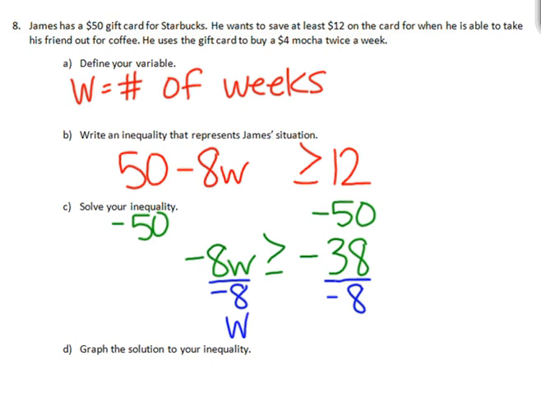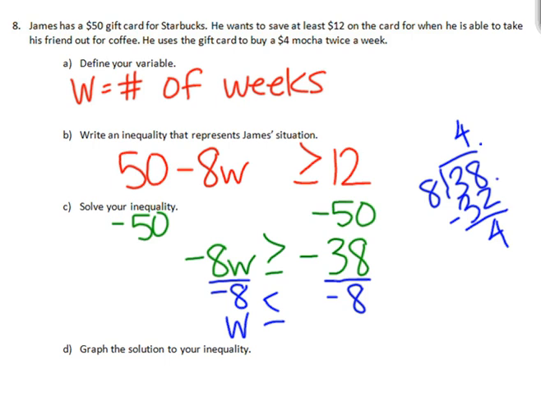Because we divided by a negative, the sign is going to flip to be less than or equal to. And then we're going to divide 38 by 8. When we do that, 8 goes in 4 times with 4 left over. I could do a decimal point. I could write it as a fraction. Either way, I'm going to get 4.5. So w is less than or equal to 4.5.